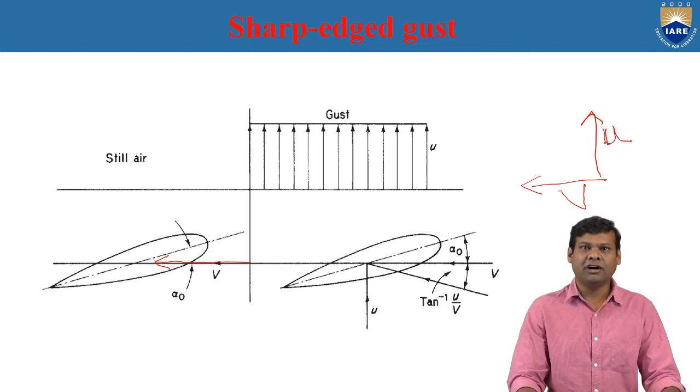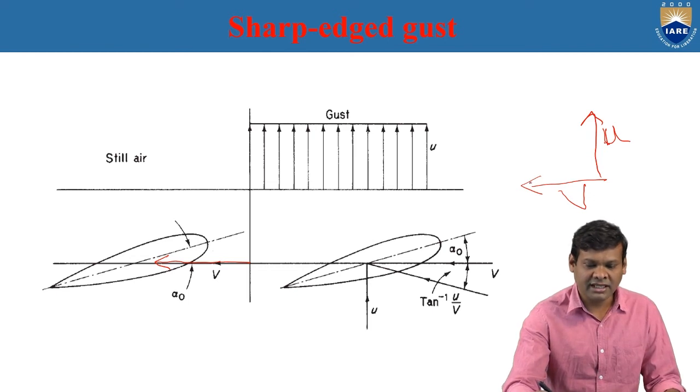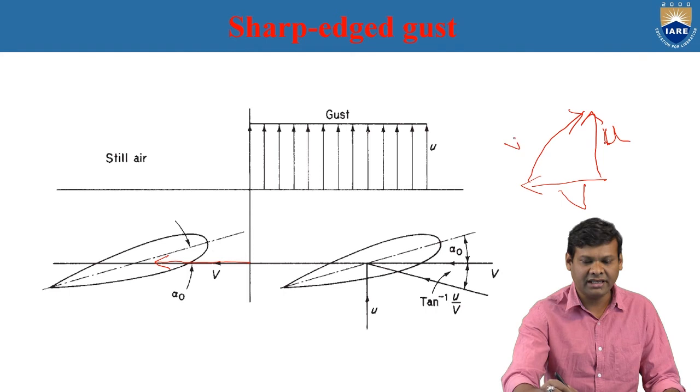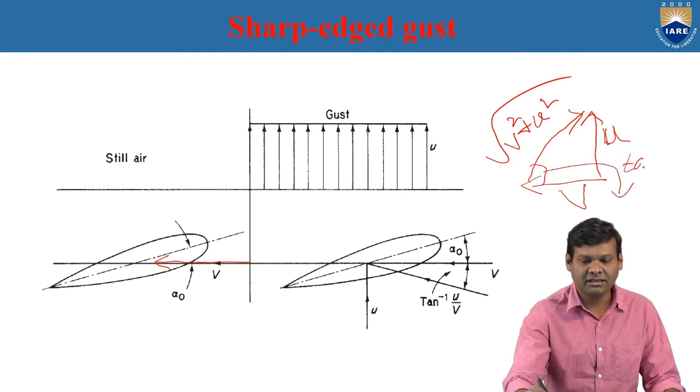These two are vector quantities. That means the resultant vector will be square root of V square plus u square, and the angle can be deduced as tan inverse u by V.